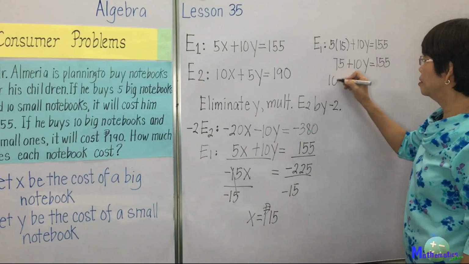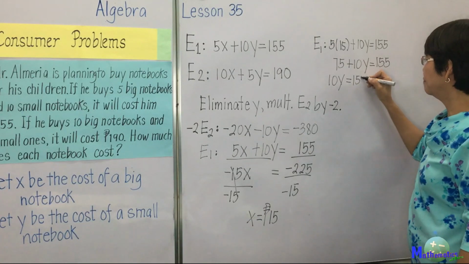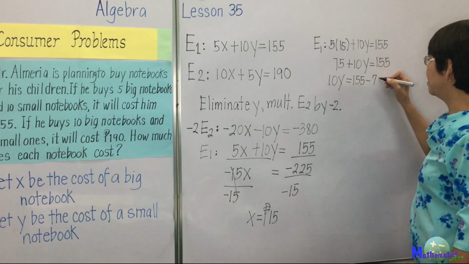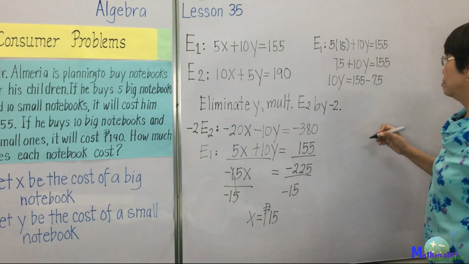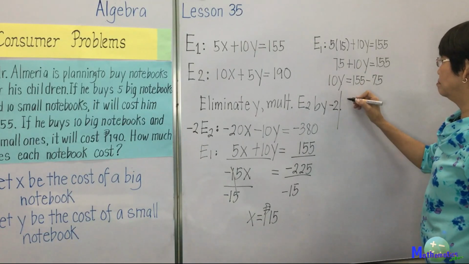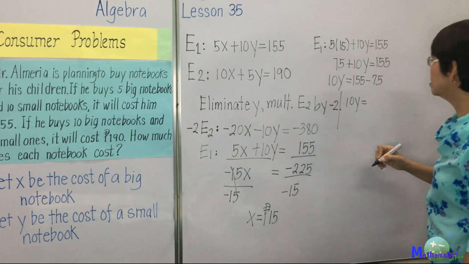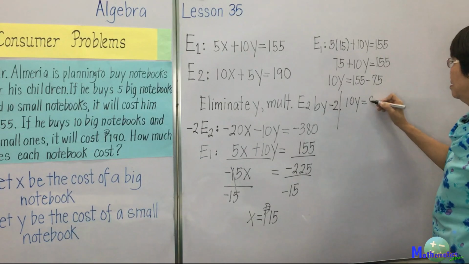Then y is equal to 155 minus 75. So, then y is equal to 80.